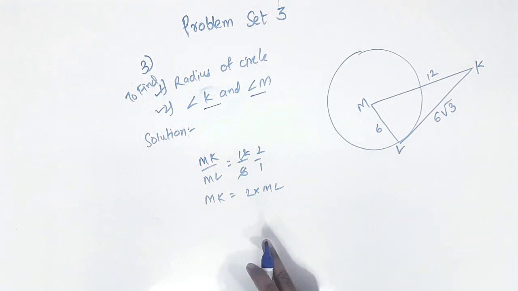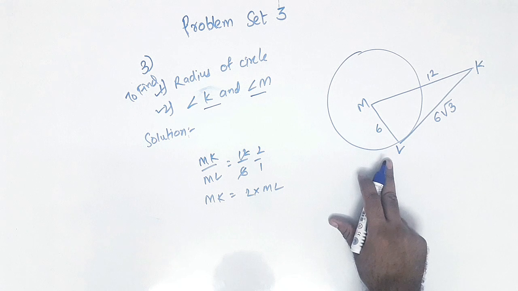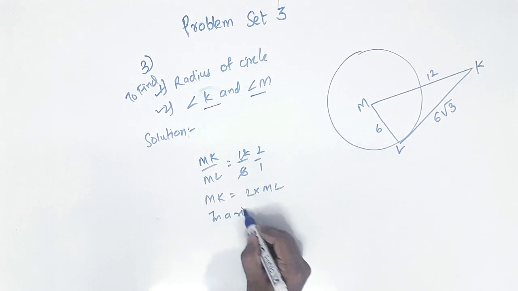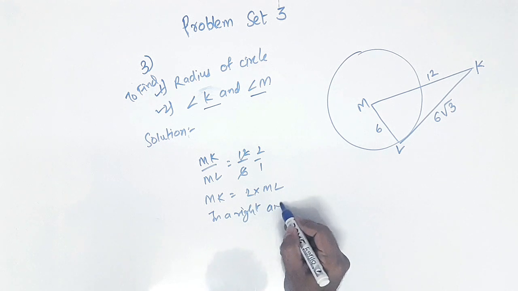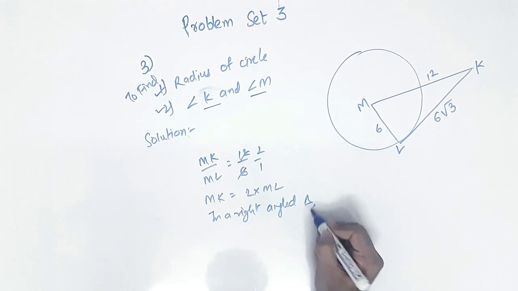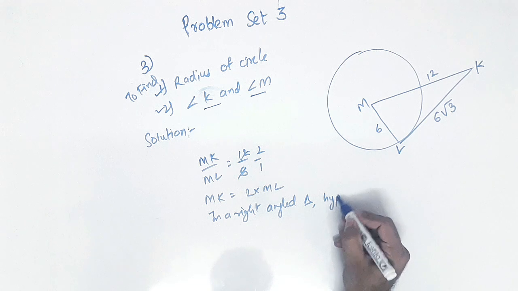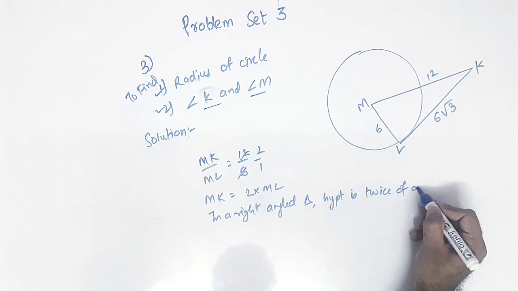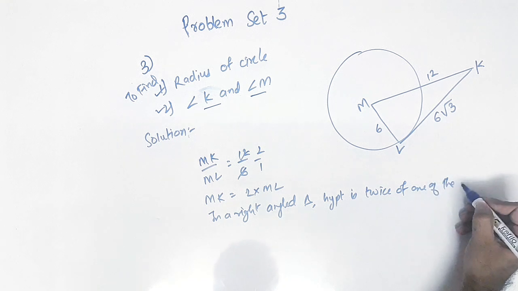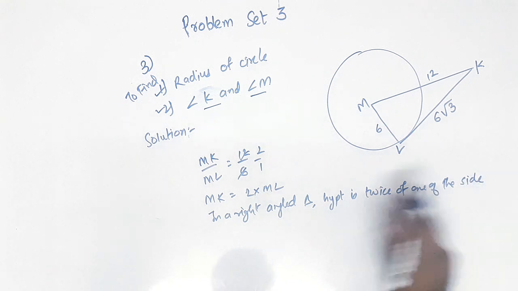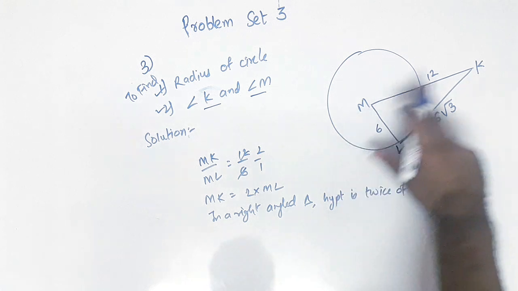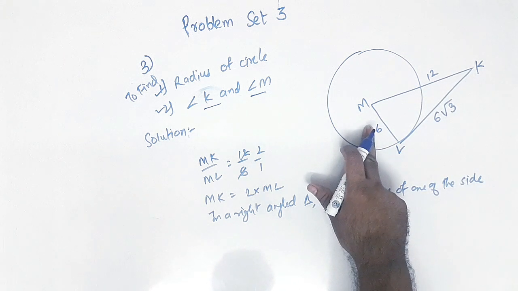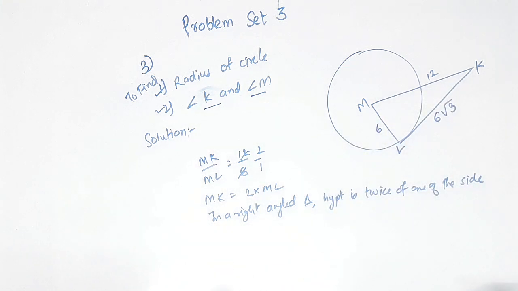Now why am I doing this? Because this becomes a right angle triangle. You know this is a right angle triangle. In a right angle triangle, the hypotenuse is twice of one of its sides. That means this side is the side opposite to 30 degree.